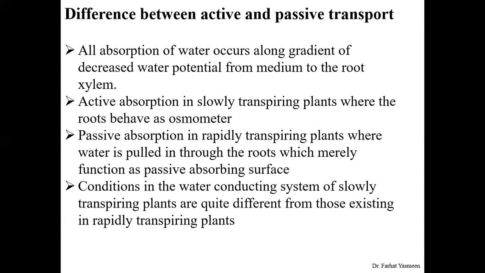Conditions in the water conducting system of slowly transpiring plants are quite different from those existing in rapidly transpiring plants, because rapid transpiration takes place when there is lots of radiation, or when heat energy is present continuously in the environment, when conditions are suitable for increasing the rate of transpiration.